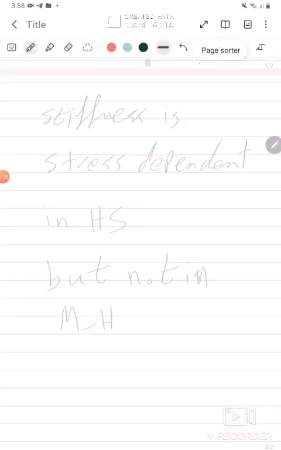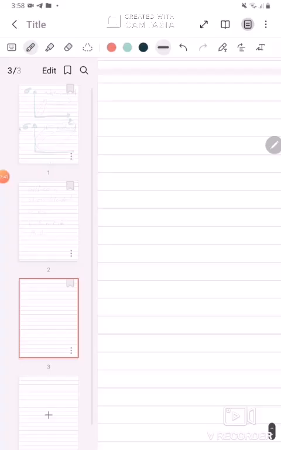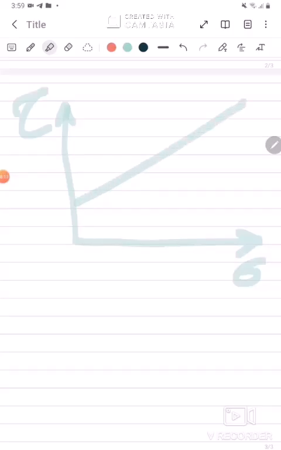If we want to draw that, for example, if this is shear stress and this is mean stress, we can draw the failure condition.